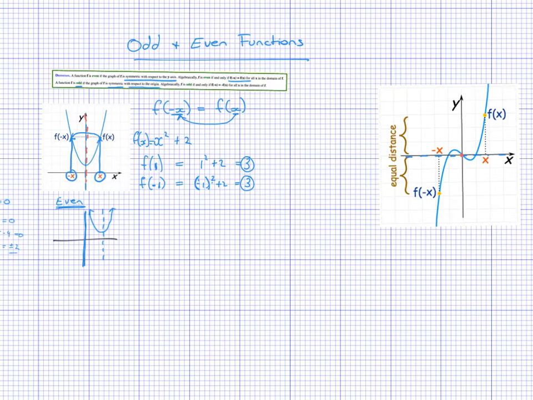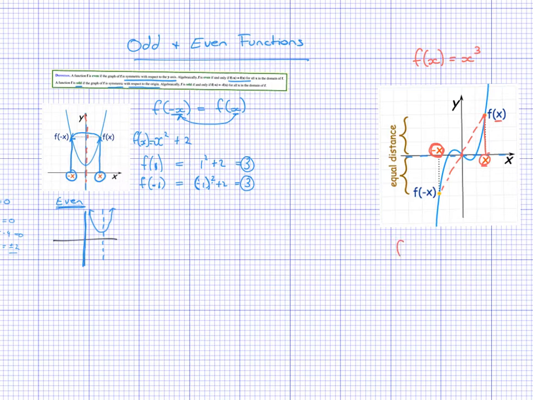All right, and they have this special property where when you plug in an input, so if I plug in x, I get this output right here. That output is the same but negative or positive as the output when I plug in the opposite of that input. So let's say that this function here is f of x equals x cubed.